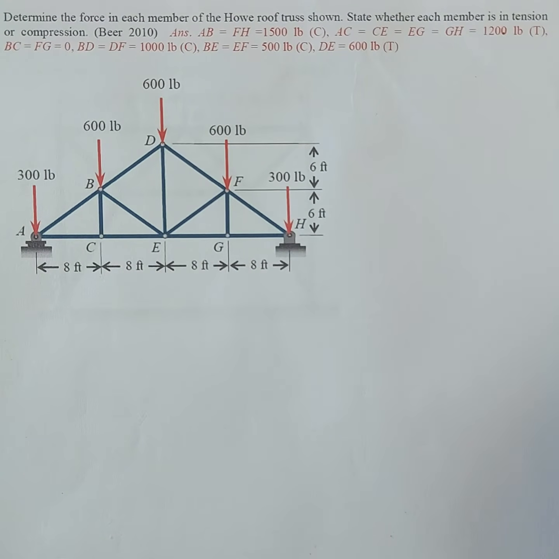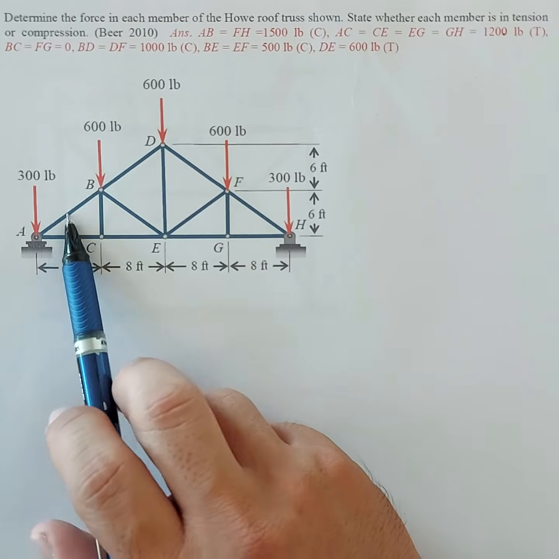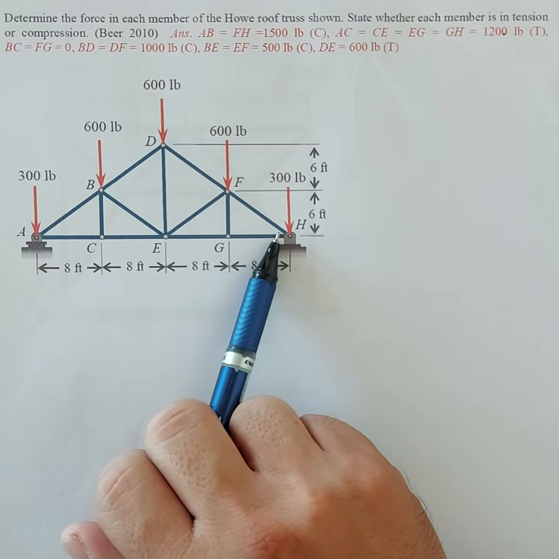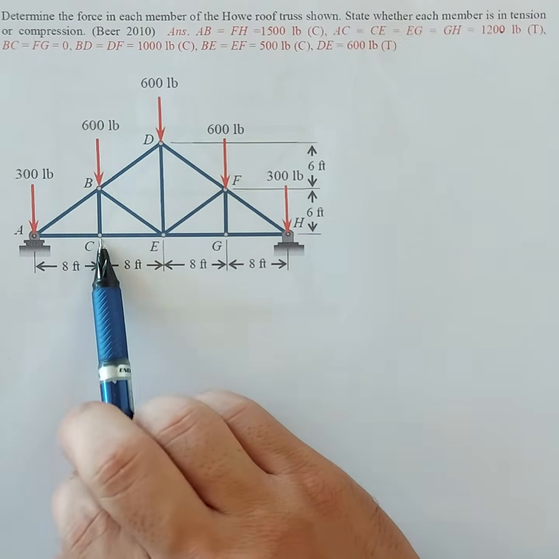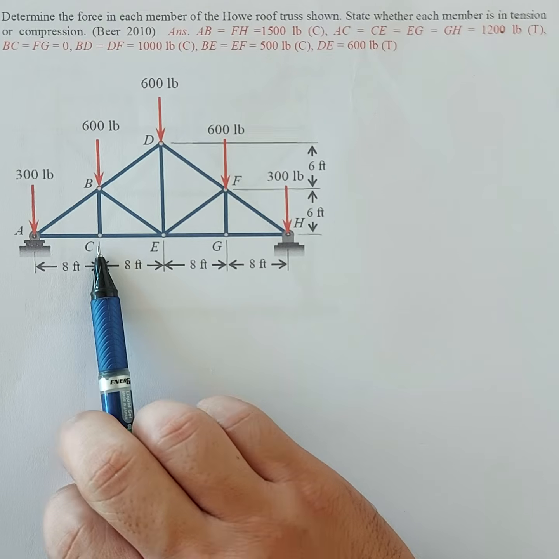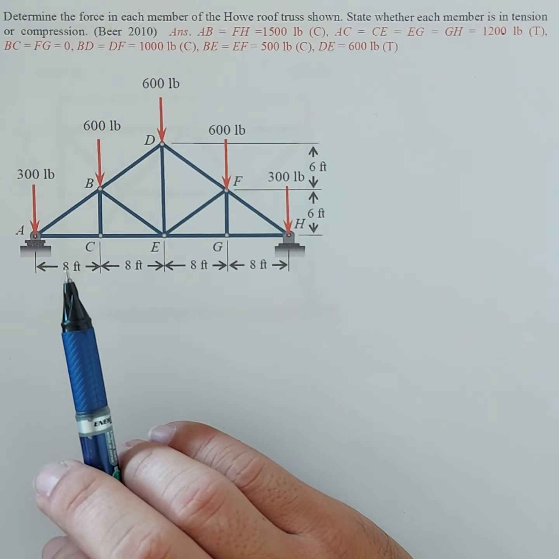But here, although this joint has two members, we need to solve for the reactions. The same goes for joint H. Any other joint already has three or more members attached. So we need to solve for the reactions.